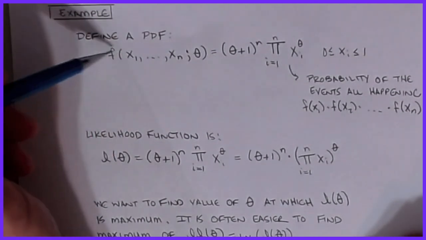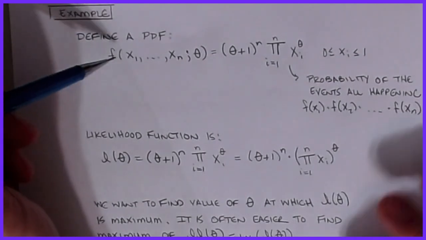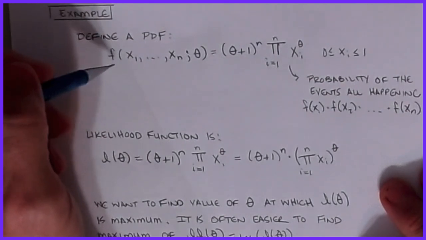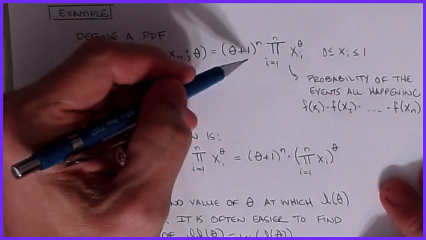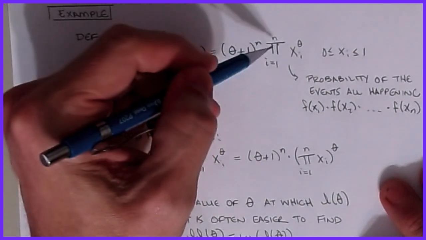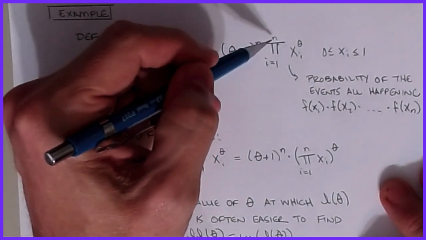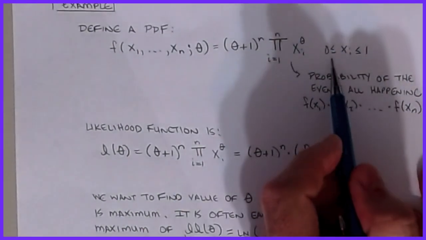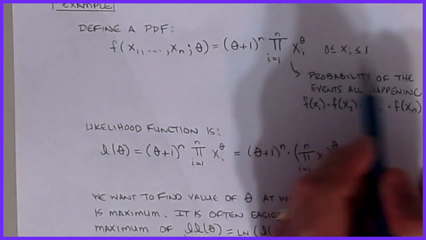By definition for this problem, this distribution is defined by the formula theta plus 1 to the n power multiplied by the product operator, i equals 1 to n, of xi raised to the theta power. And that exists on the interval x between 0 and 1.